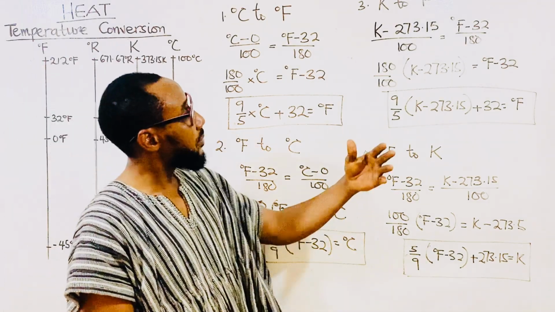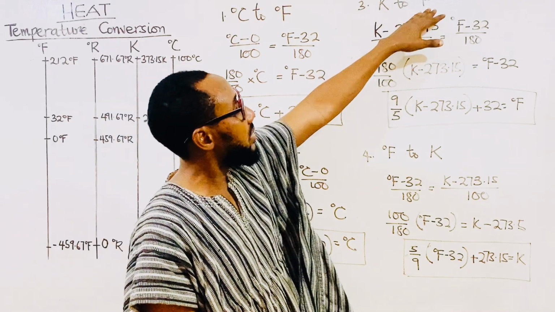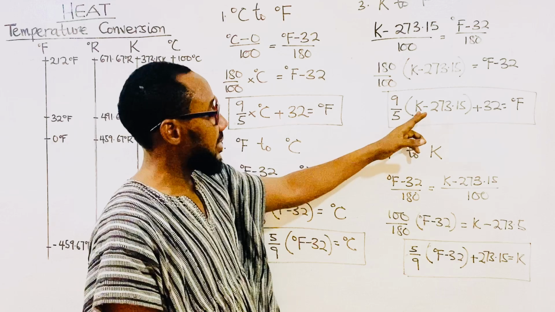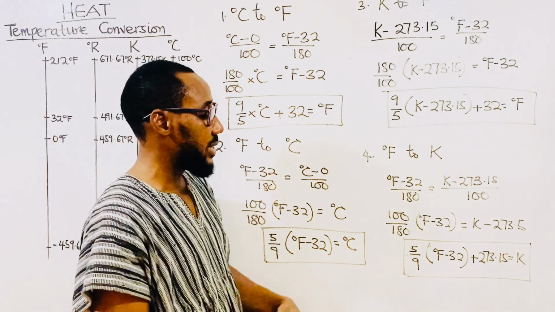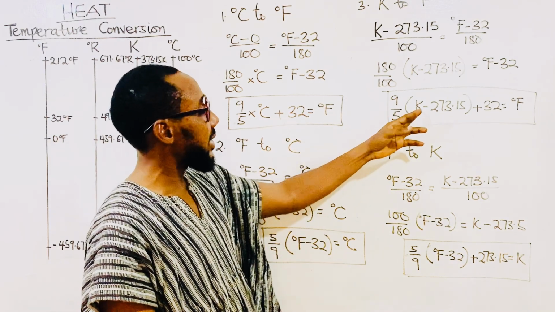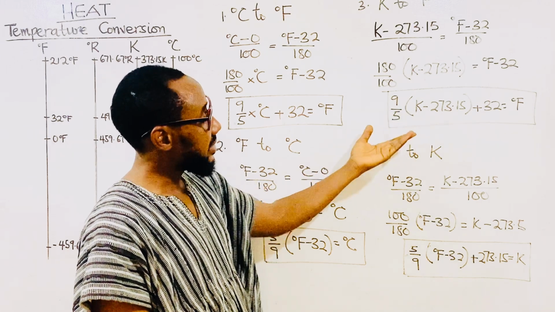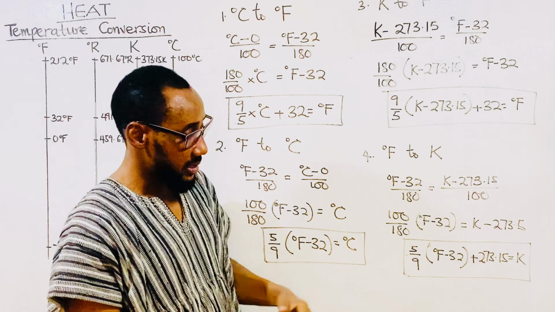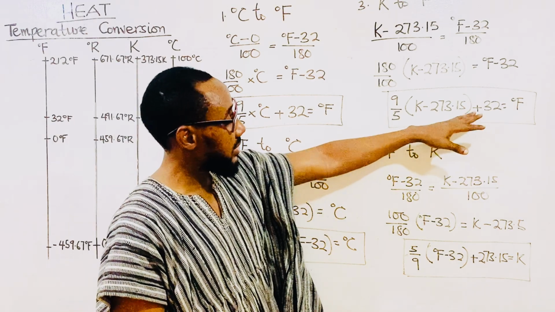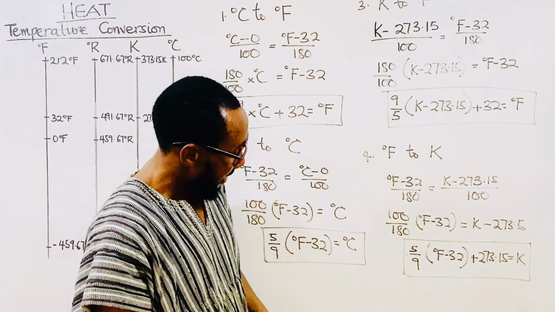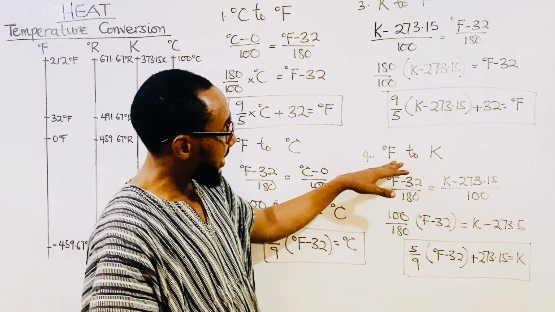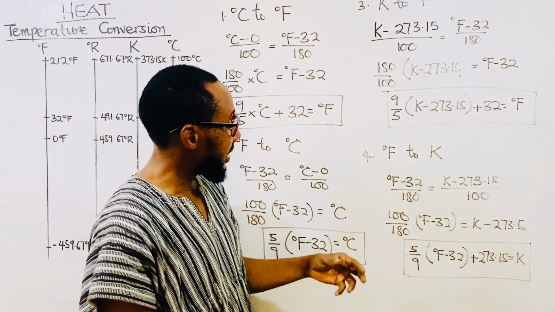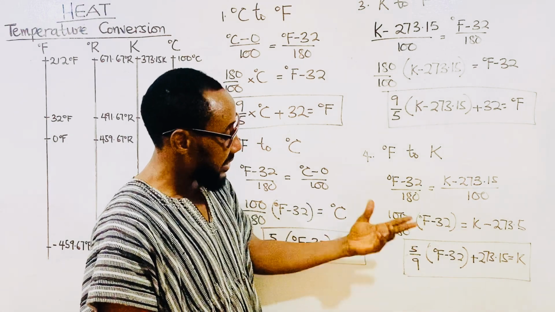Equally, when you are given a temperature in Kelvin and want to convert to degrees Fahrenheit, you only have to replace it in the formula here. So assuming you are given a temperature, let's say 313.15 Kelvin, you replace it in the formula, and finally you get 104 degrees Fahrenheit. And last but not the least, if you are given a temperature in degrees Fahrenheit and want to convert to Kelvin, you only replace it in the formula here.